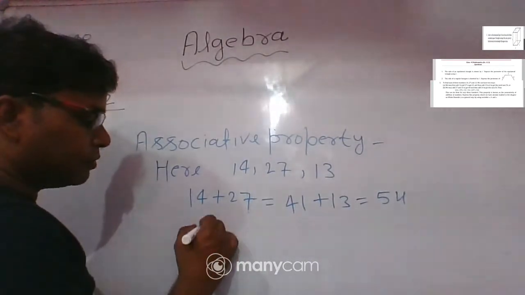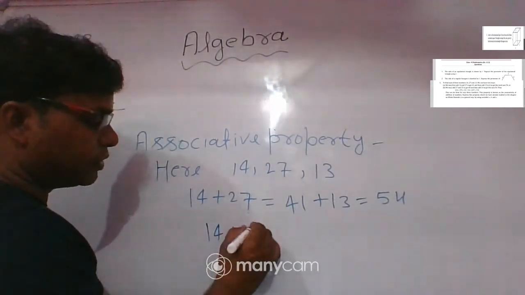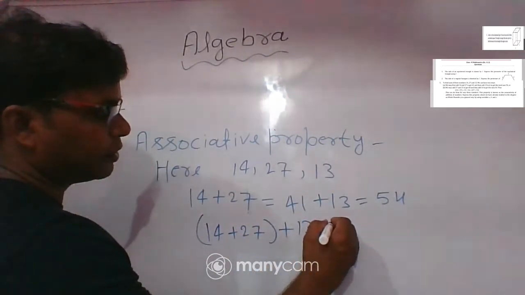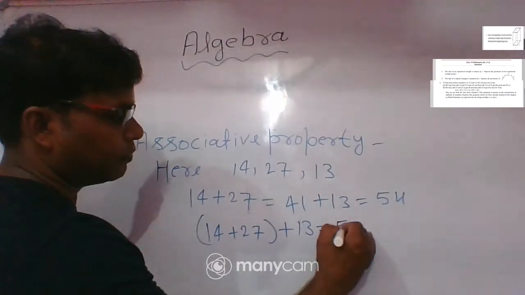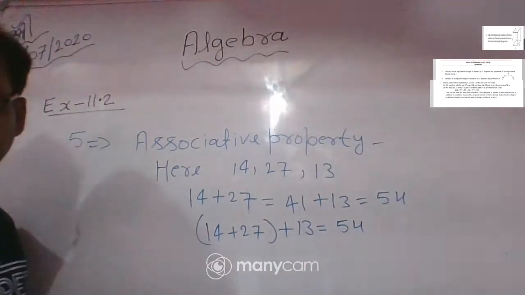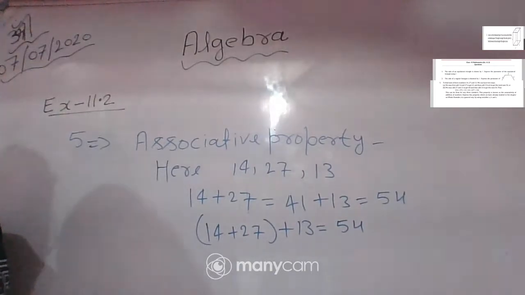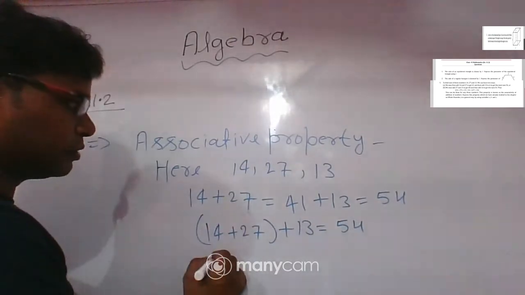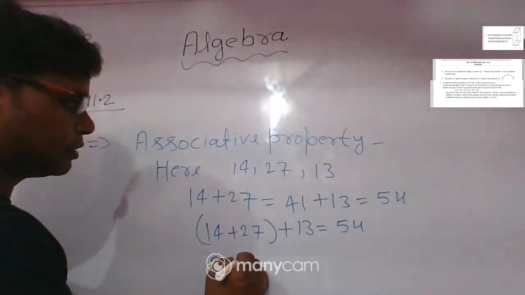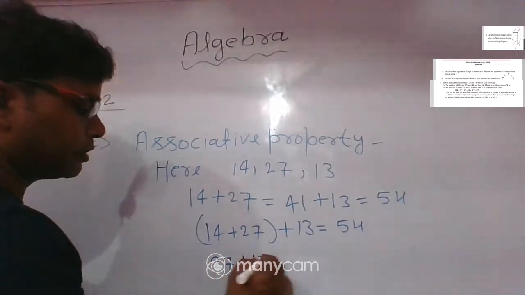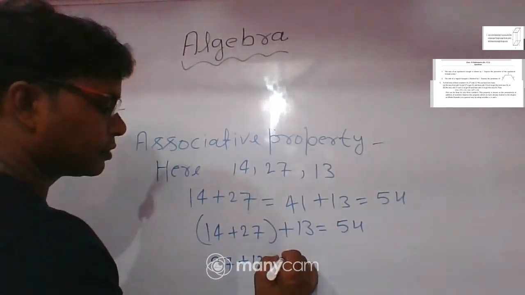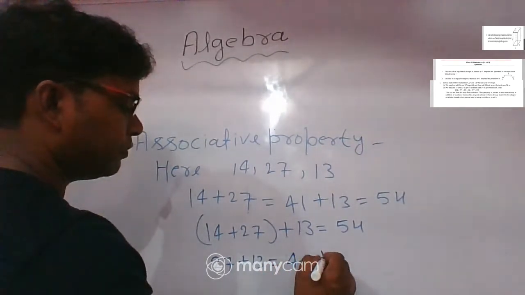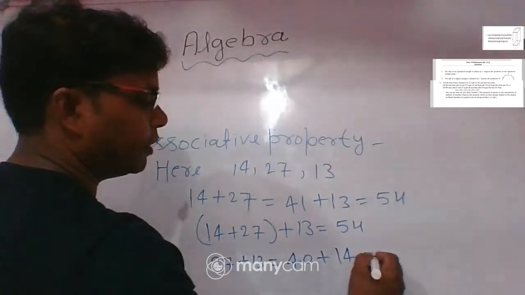You can also write it as 14 plus 27 first, and after this 13. Next we can add 27 plus 13, which is equal to 40. Adding 14 to this 40, we also obtain the same result.